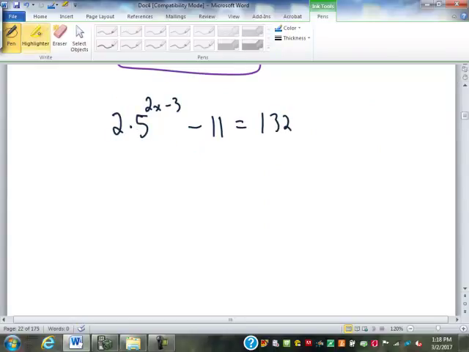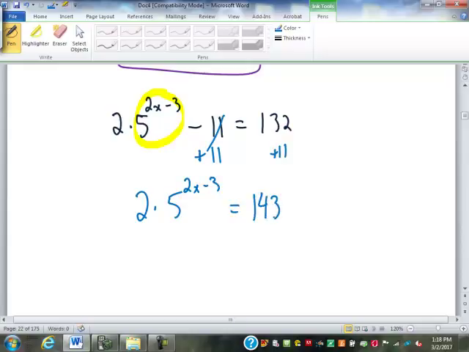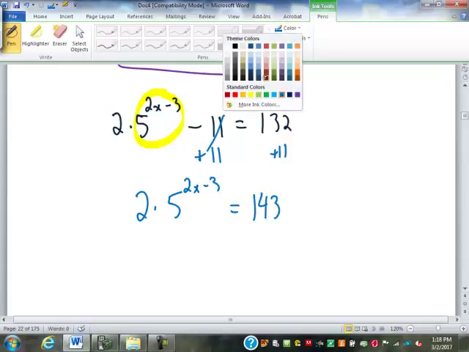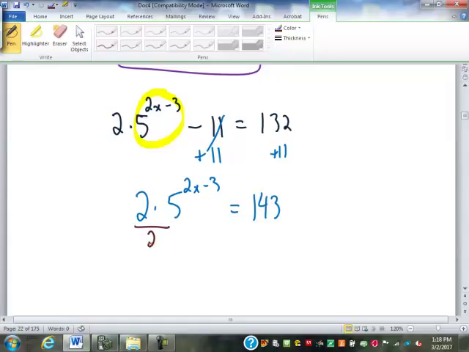I have to isolate my exponential, which is this first, right? So first step is add the 11. So I'm left with 2 times 5 to the 2x minus 3 equals 143. Then what? Divide by 2. So 5 to the power of 2x minus 3 equals 71.5.